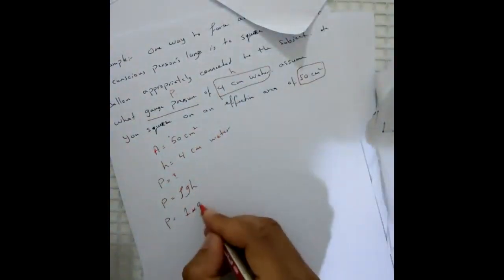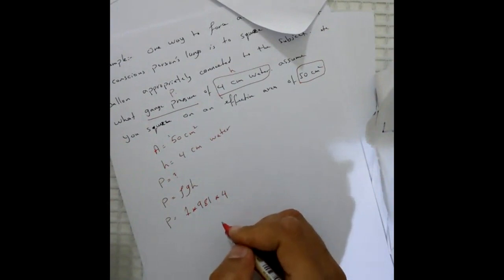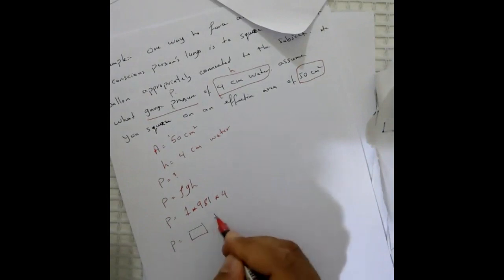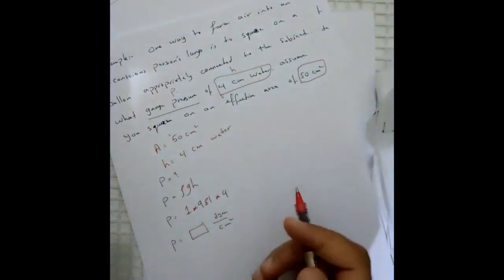So it will be 1 multiplied by the gravitational acceleration, 981 or 980, it is the same. For H it is 4 as well. So the pressure will be equal to 4 gram per centimeter square. And this is how to solve it.